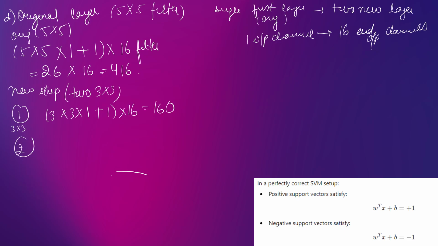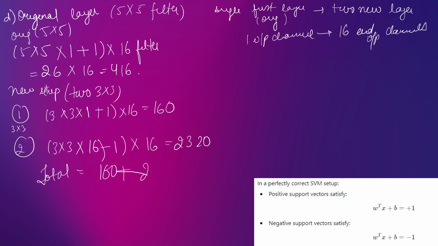Now for the second one, you have 3 cross 3 into 16 inputs. Now in layer 2 you had 16 inputs, plus 1 into 16 filters. You get 2320. So here your total will become 160 plus 2320. This will be 2480 in total.